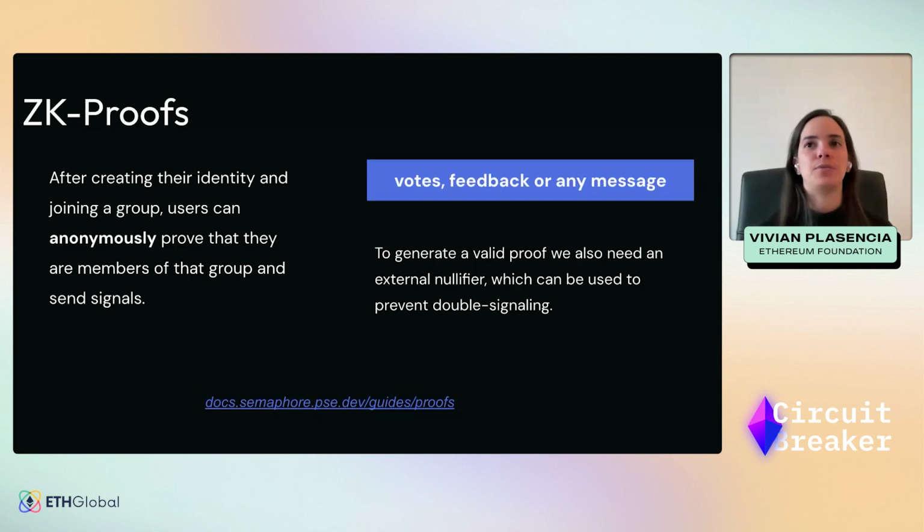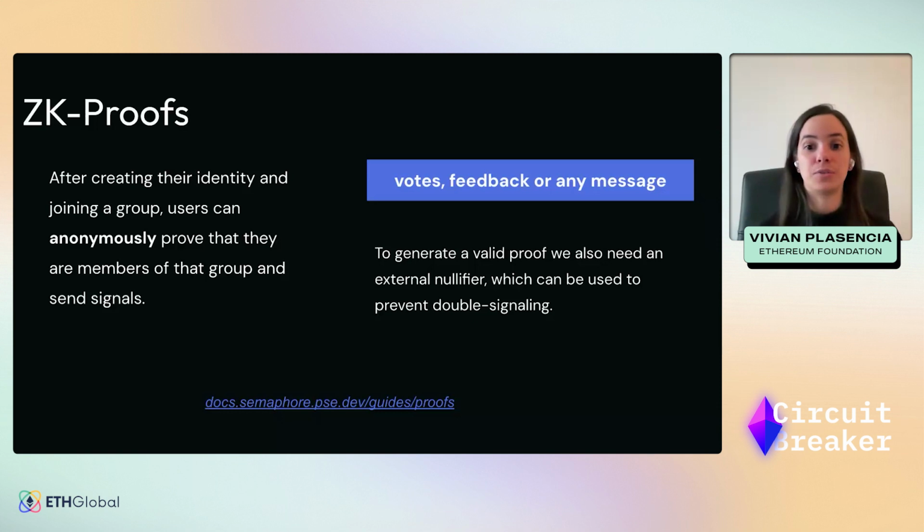So, for example, if you want to create a voting process, if you want voters to vote only once, you can use the group ID as an external nullifier. When users generate a proof, the protocol will hash the identity nullifier of that user together with this external nullifier.